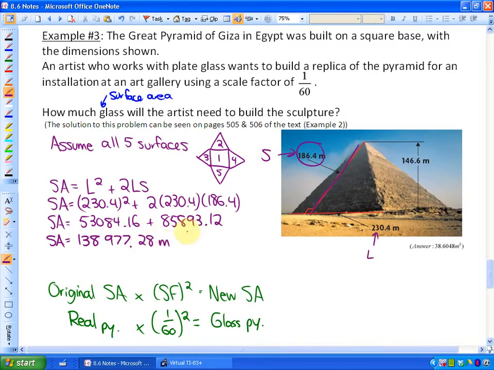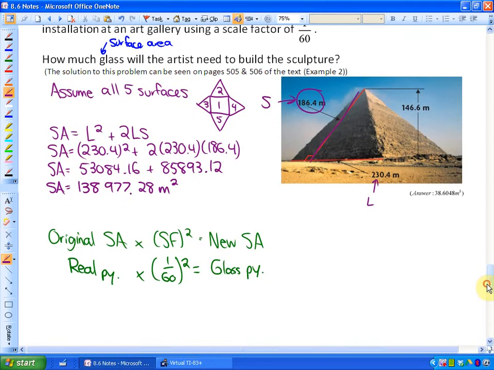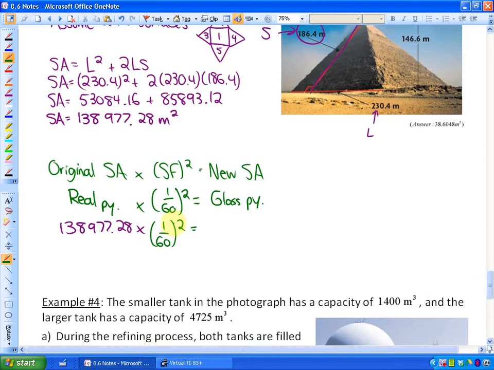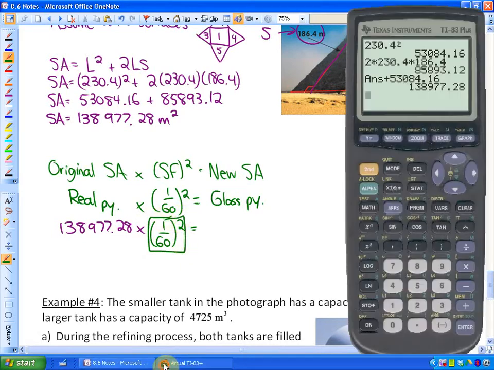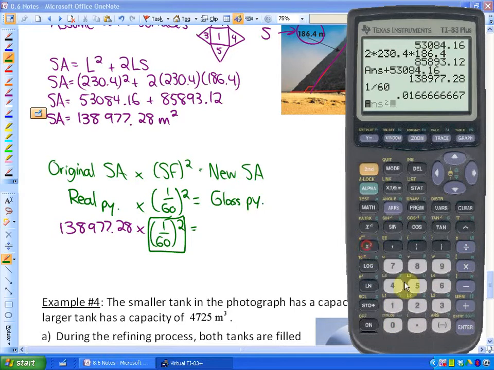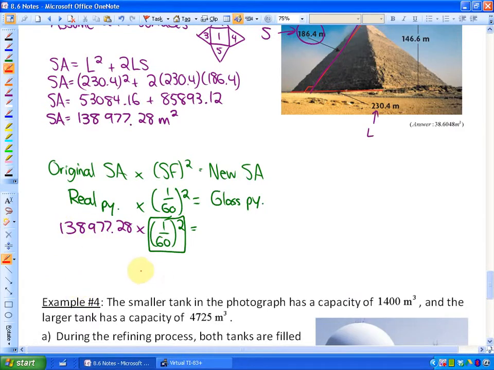So if we add those, the surface area of the real pyramid in Egypt is equivalent to 138,977.28 meters squared. So if we take that value and multiply it by the scale factor squared, we will get the surface area that we need for the glass pyramid. So let me square 1/60th. If I do 1 divided by 60 and square that value, I get 0.00027 continued.